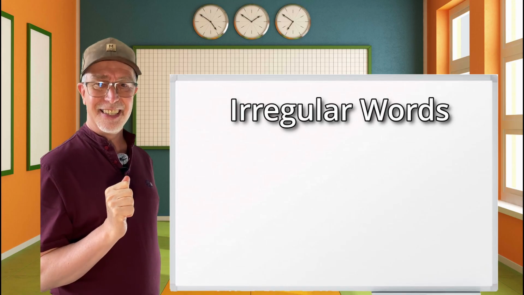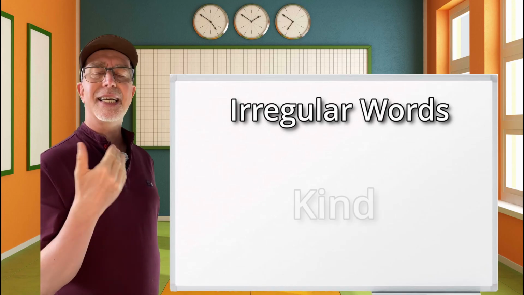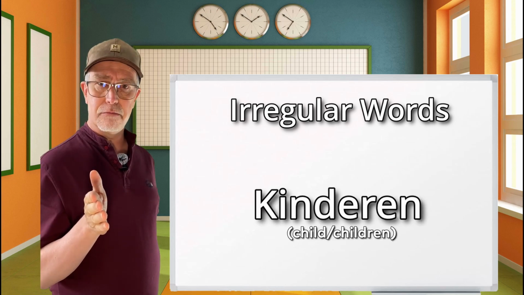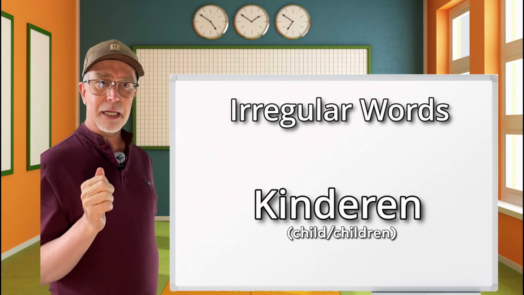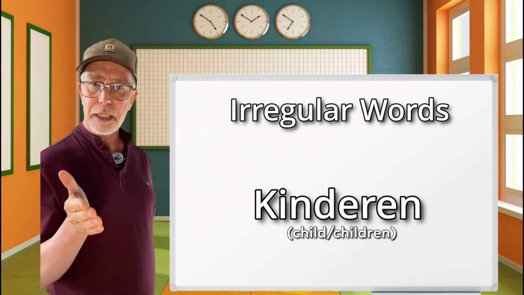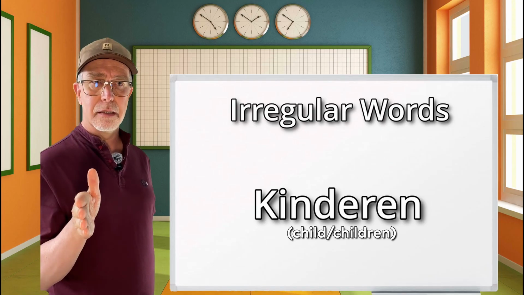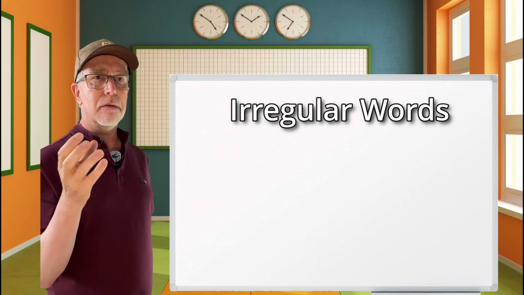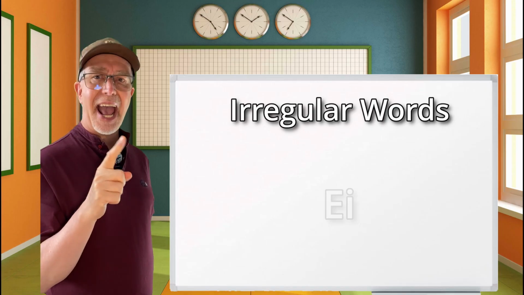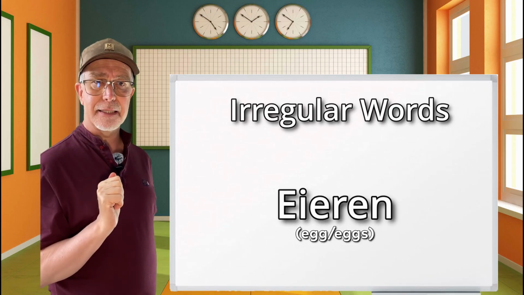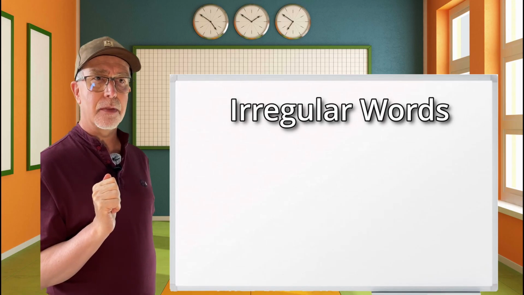Are you ready? Okay, for example, kind, child. Kinderen. How is that irregular? Well, yes, as you noticed, I don't add en, I add eren. And in that same group, we have ei, eieren, egg, eggs. Exactly.